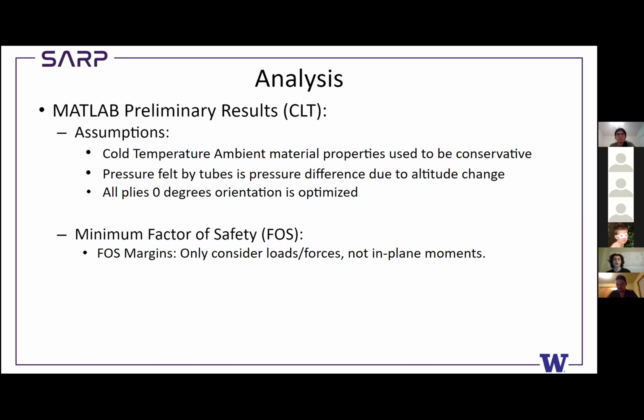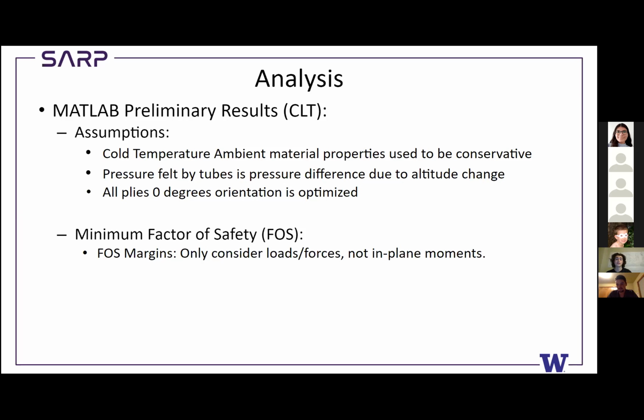For our analysis, we're using a MATLAB code from Julia last year that uses classical laminate theory, material properties, estimated loads, and ply orientation to get an estimate of factor of safety for the required loads. We're assuming a cold ambient temperature to get a conservative estimate, and the pressure changes inside the tubes will be the difference in altitude from launch to the apogee.